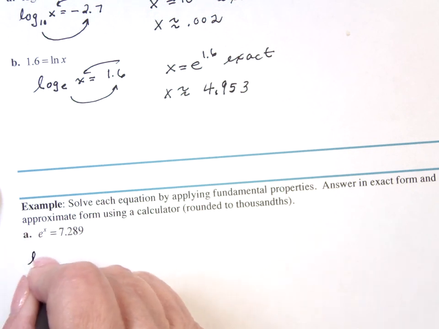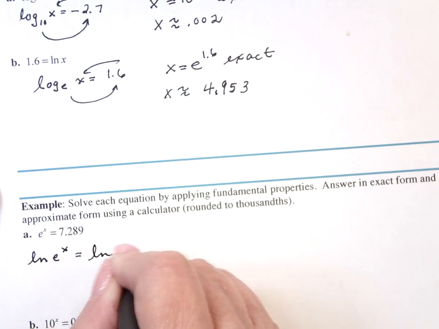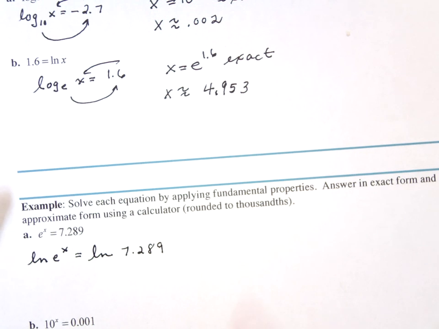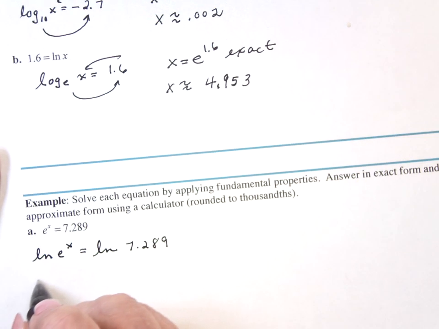You'd say the natural log of e to the x, this is the way we normally work with it anyway, is 7.289. Now, using the basic properties of logarithms, remember what natural log is.